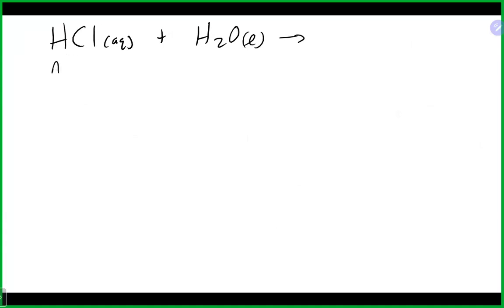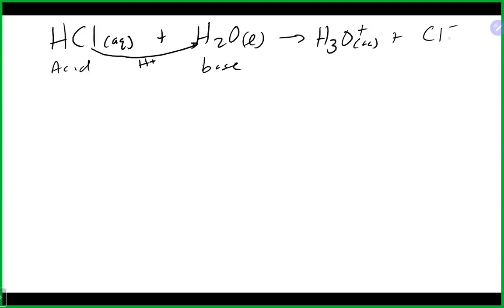This is going to be our acid, and water in this case will act as our base. And it's the HCl that's going to send the H plus over to the water. That is where we're going to generate our H3O plus. And when it does so, we will lose an H plus and be left with Cl minus. This is what creates our conjugate partners on the right-hand side of the arrow.